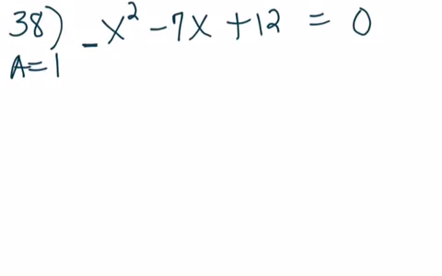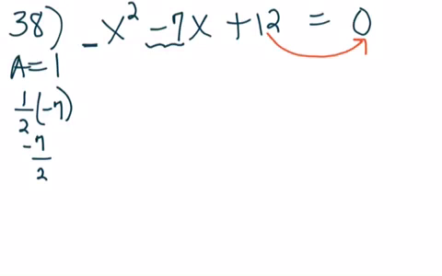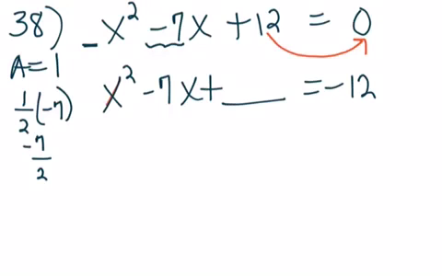Then we need to take 1/2 of the coefficient of b, which is -7. I'm going to leave this as -7/2. If you want to make it -3.5, that is fine. We also need to move the 12 to the other side. So now we have x squared minus 7x plus something equals -12 plus the same something.